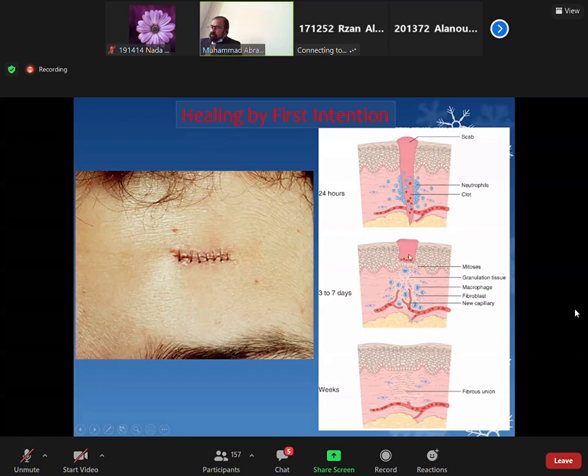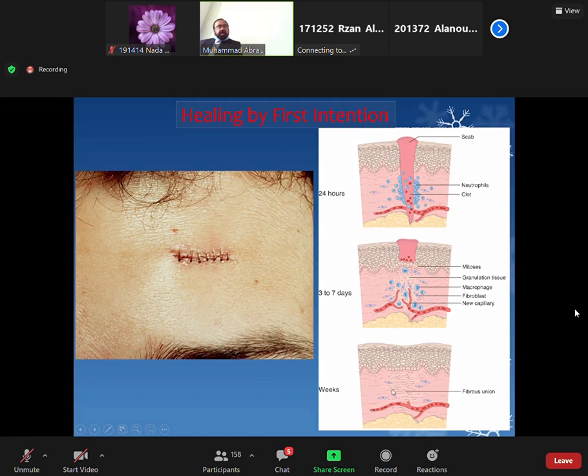The scab is almost lost, so there is no blood now in the deeper tissue. Newly formed blood vessels are there. The neutrophils are being replaced by macrophages, and you see fibroblastic proliferation around. And the collagen is being formed, and a bridge is made, right?